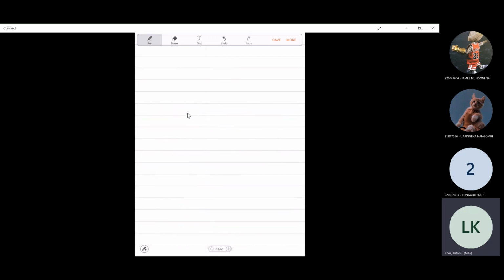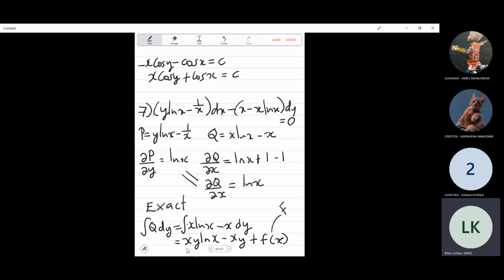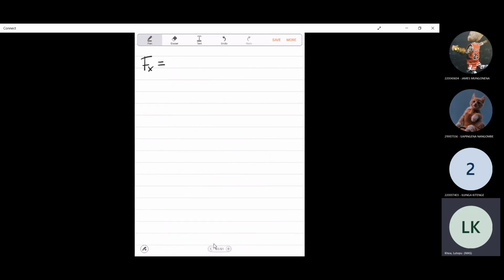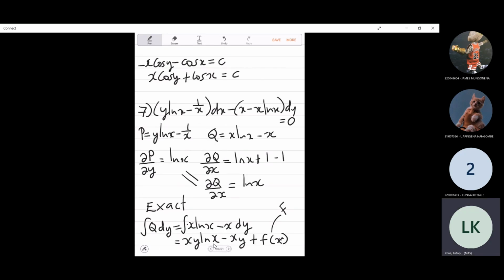So I find f x. Again, here you must use the product rule. So the derivative of x is 1, so I have y ln of x. And then the derivative of y ln of x is y over x. So I have y over x times x, which is y.